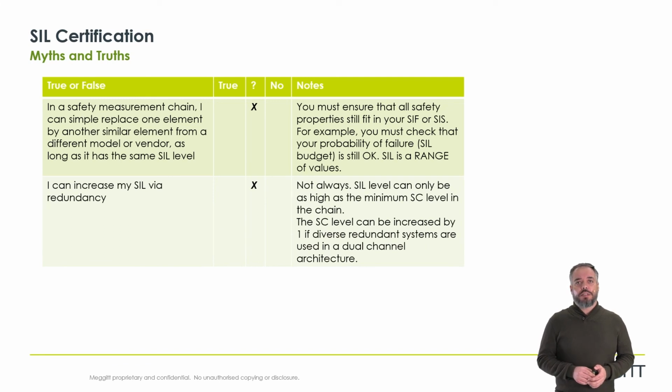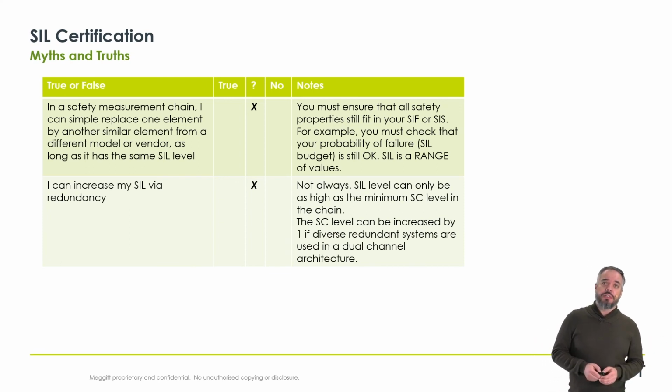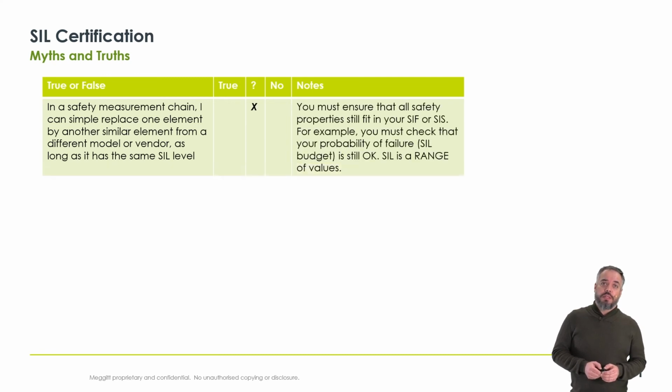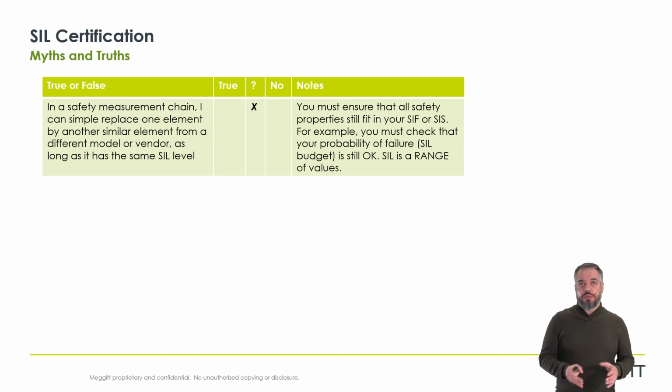In a safety measurement chain, I can simply replace one element by another similar element from a different model or vendor, as long as it has the same SIL level? No, you need to check all the safety properties to make sure that you can replace. Remember that SIL is a range of values. This risk reduction effectiveness, for example, 1 to 10 or 10 to 100 and so on, is a range of values.